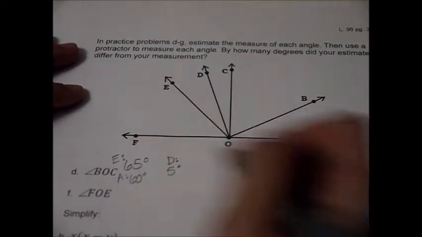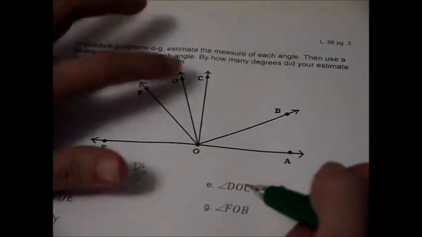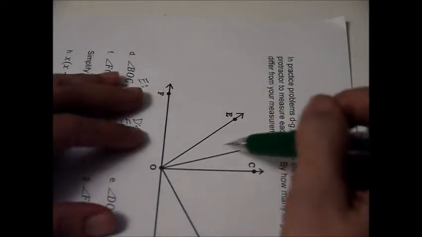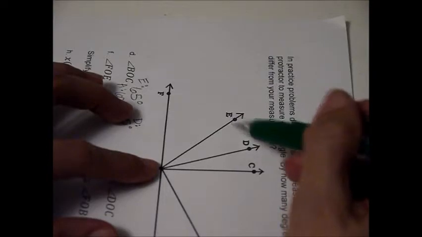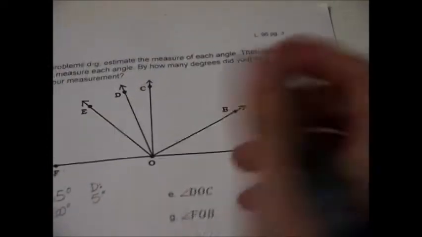So we're going to do the same thing. My estimate is for DOC. Okay, I like to turn it around. Ooh, and I see it's less than 45, so I'm going to go ahead and say 20 degrees, okay, DOC.